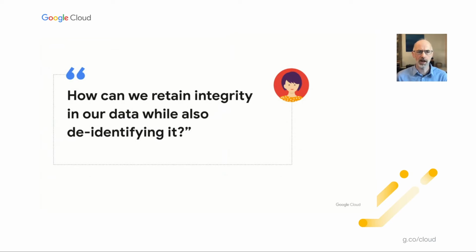Now, another question Angie has is, how can we retain integrity in our data while also de-identifying it? When we talk about integrity here, we mean the ability to maybe join data or run aggregate analysis where you need to have an identifier or some integrity that you can actually still run your analysis on.